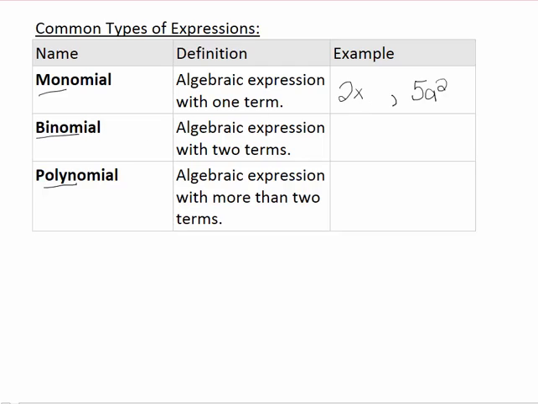Binomial, an algebraic expression with two terms, for example 3a minus 5b, we have two terms separated by a minus sign. And a polynomial, which is an algebraic expression with more than two terms, for example 5x squared minus 2x plus 6. Again, we have more than two terms, each separated by an addition or subtraction sign.